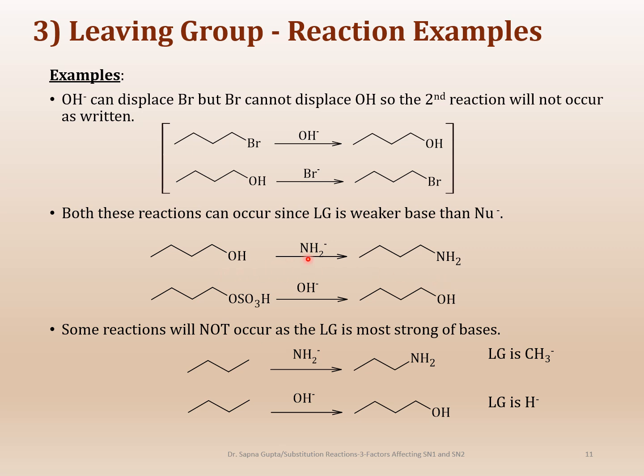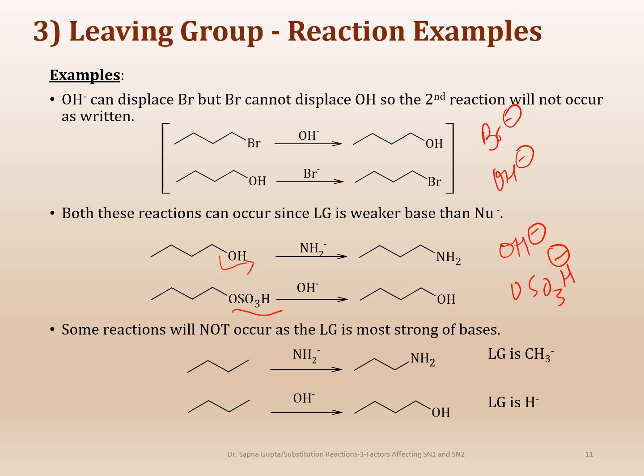Anyhow, let's look at these two cases where you have OH as the leaving group and NH2 minus. You have to identify what the leaving group is. Here the bromide was the leaving group. Here OH minus was the leaving group. Here the leaving group is hydroxide. And here the leaving group is OSO3H minus, okay? In this case, they're all negatives because they're leaving with their electrons.